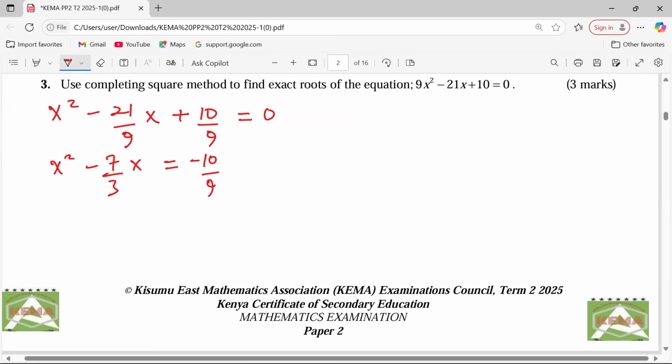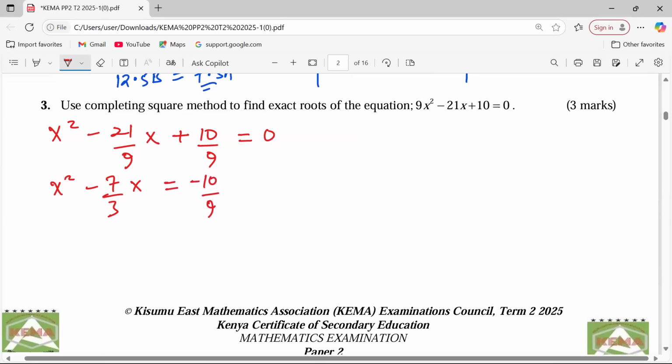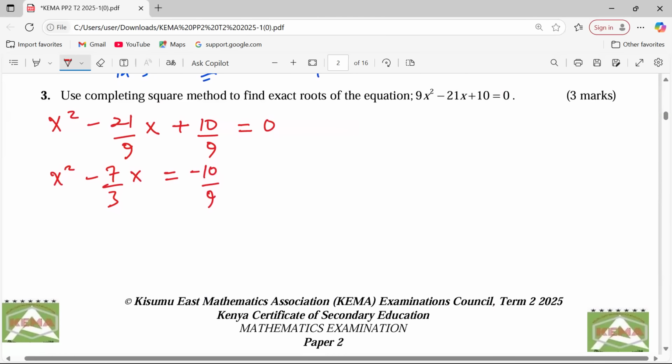Now with this, we usually say that we make the left-hand side a perfect square. And what is a perfect square? A perfect square is the one in which when we take the value of b squared, we should be in a position to relate all the constants in a perfect square.